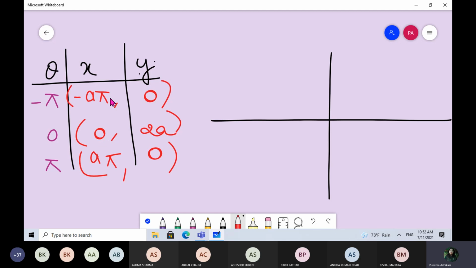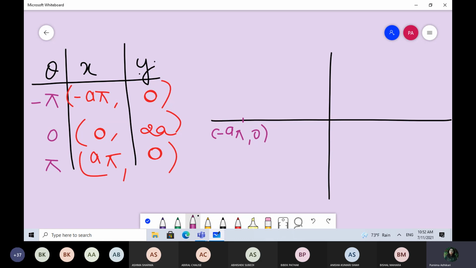So your first point is minus a pi comma 0. So x value is negative, y value is 0. So it's an x intercept, right? Somewhere here, if this distance is a pi distance, then this point is minus a pi comma 0.